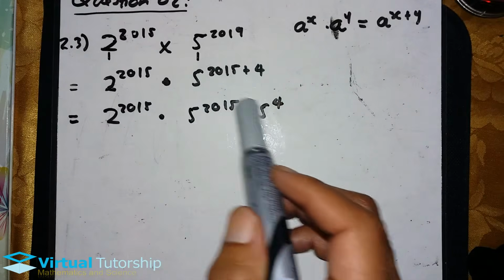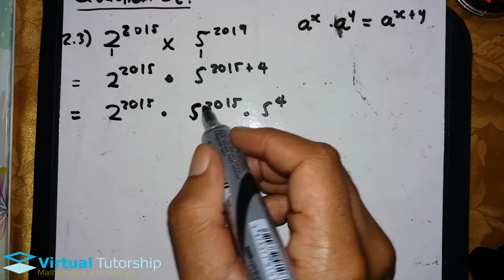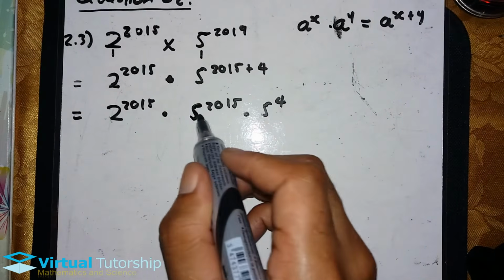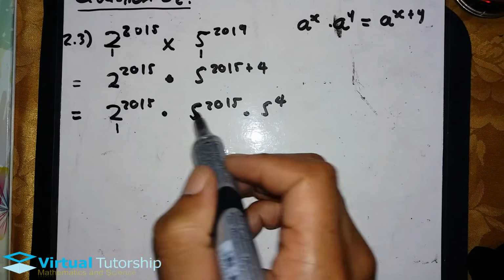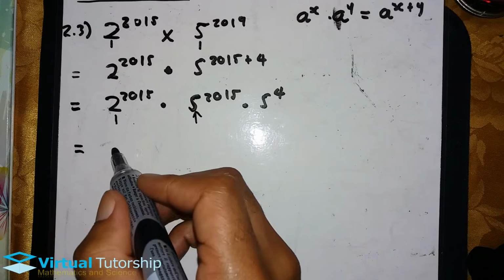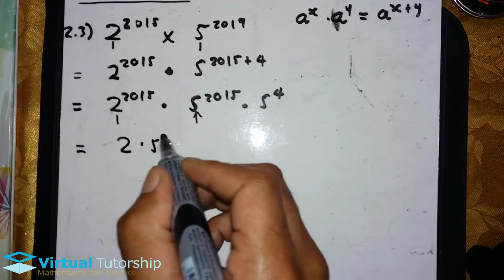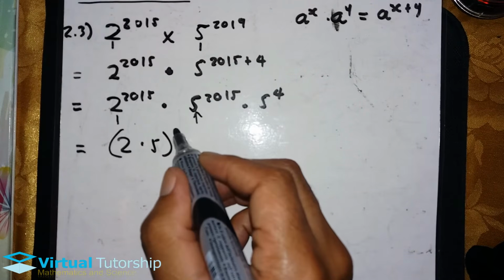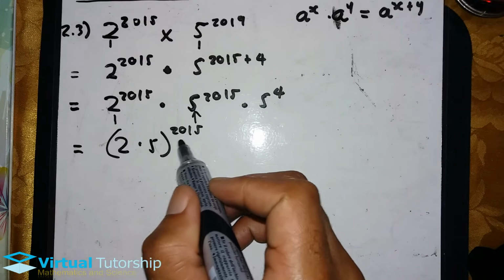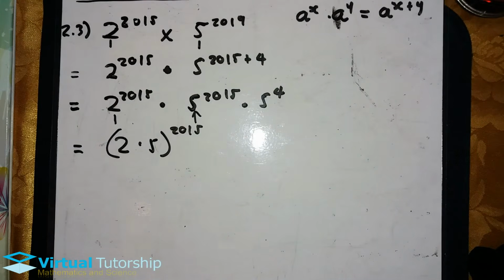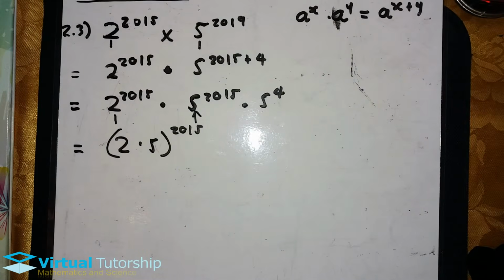If we multiply powers of the same base, we add the exponents, so I'm allowed to separate this, but then my bases must be the same. Look, this power and this power have the same exponent, so I can take this exponent out as a common factor, because it is common between the two. So it's going to be 2 times 5 all raised to 2015. Now multiplying this 2 and this 5, I get a base of 10.